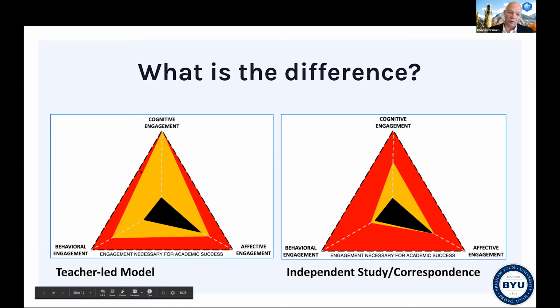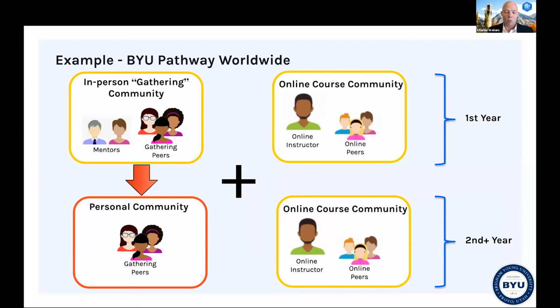Whereas in this other environment, you can see that the majority of the support is being provided at the course level. Just the edges need to be filled in terms of behavioral and affective support by the personal communities of the students. So I want to give a couple of examples of this.